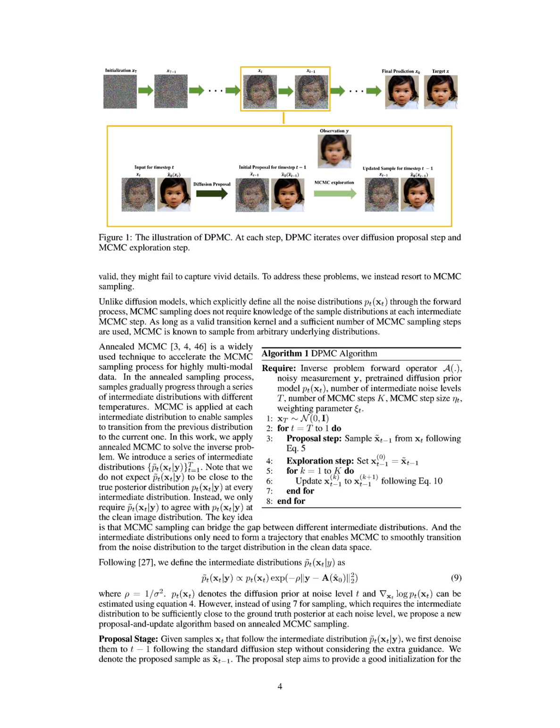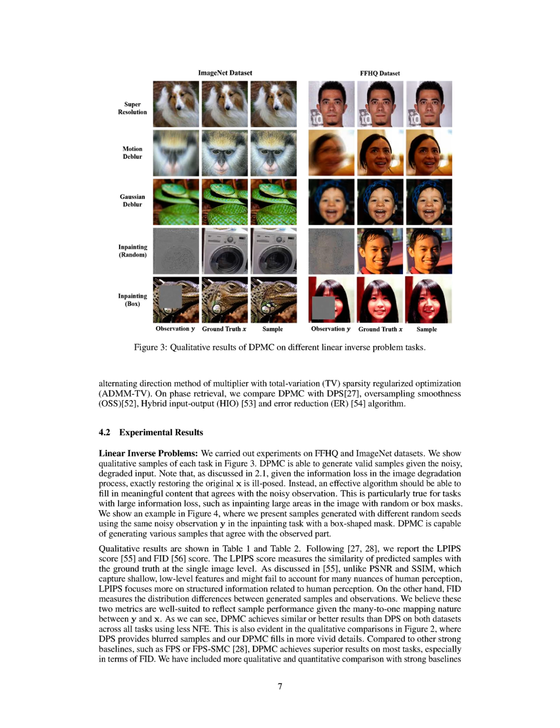This process is repeated for each intermediate distribution, allowing the samples to transition smoothly from the noise distribution to the target distribution, ultimately leading to a high-quality restoration of x that captures more vivid details compared to traditional methods like DPS. Thus, through multiple sampling steps at each noise level, DPMC effectively bridges the gap between the noisy observations and the desired clean image.